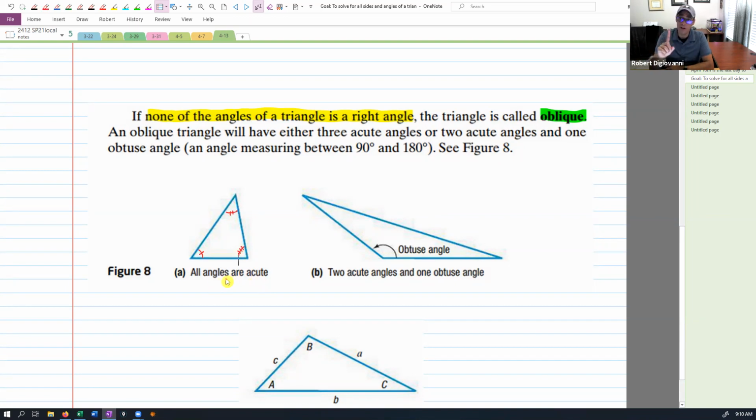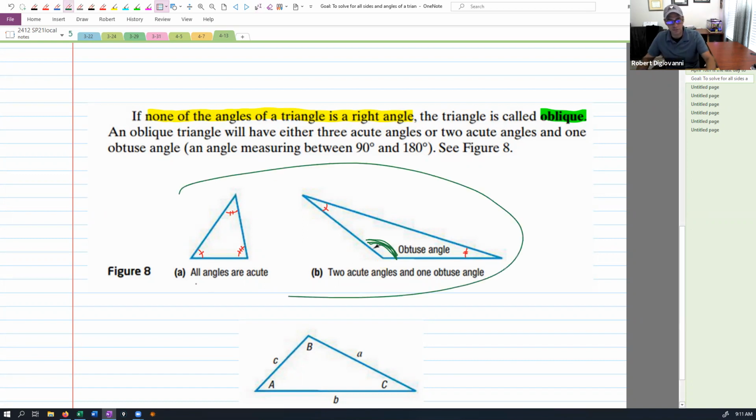Or you could have a triangle that has two acute angles, and the third angle here would be obtuse, which means it's bigger than 90. But that's it. There's no other way to draw a triangle that's not a right triangle. So we either have three acutes or two acutes and an obtuse. Is that all right, everyone? In both cases, those are referred to as oblique.